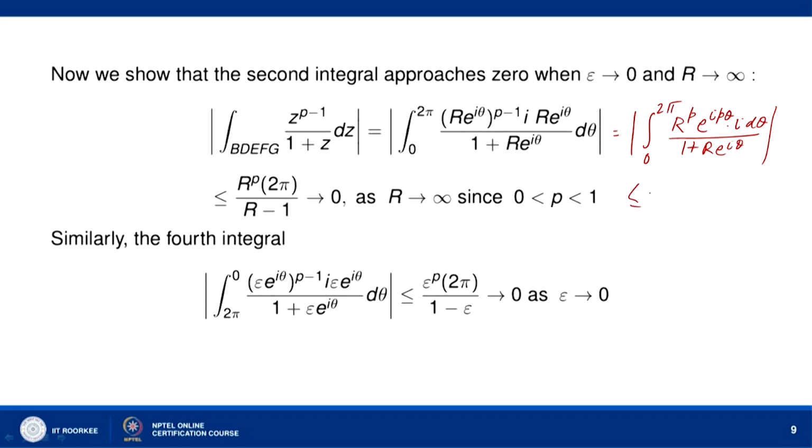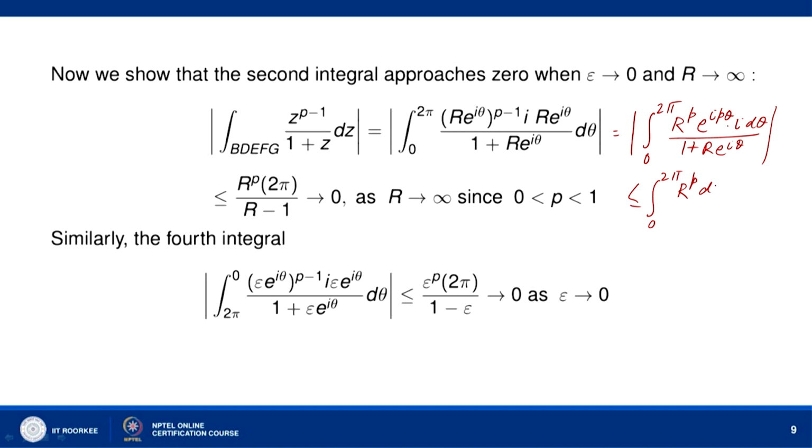Okay. This is less than or equal to integral 0 to 2 pi R to the power p, modulus of e^(ipθ) is 1. Okay, because e^(ipθ) is cos pθ plus i sin pθ, and modulus of that is always 1. So, mod of this is 1, mod of i is 1.